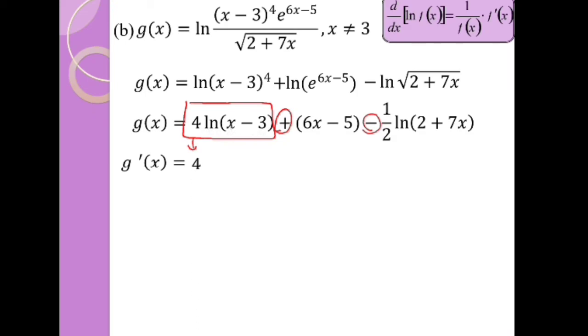Remember, you have to use the formula of natural logarithm. So it is just 1 over that function multiplied with the derivative of this function.